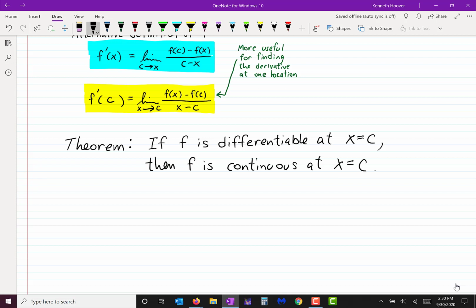You need to know that fact, okay? I'm going to show you why it's true. We're going to use a theorem about limits that I'm going to remind you of here.